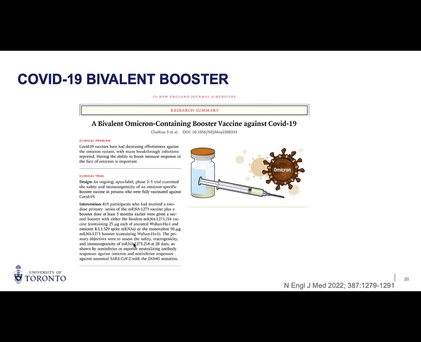The primary objectives were to assess the safety, reactogenicity and immunogenicity of the mRNA bivalent vaccine at 28 days, as shown by non-inferior or superior neutralizing antibody responses against Omicron and non-inferior responses against ancestral SARS-CoV-2 with the D614G mutation.